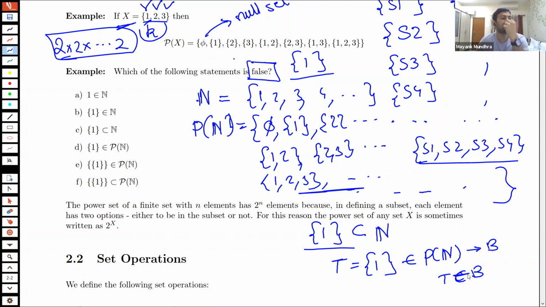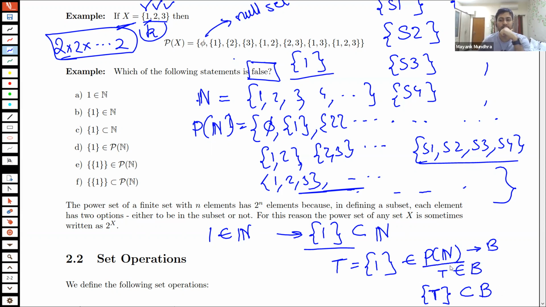So if anything is an element of B, then {t} should be a subset of B. By the same logic, that if 1 was an element of N, then {1} became a subset of N. So if element t was an element of set B, then {t} must be a subset of B. Now what is B?